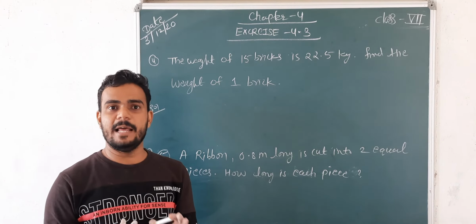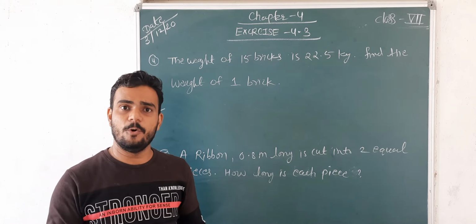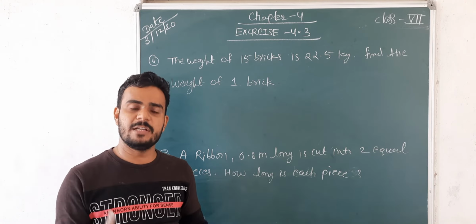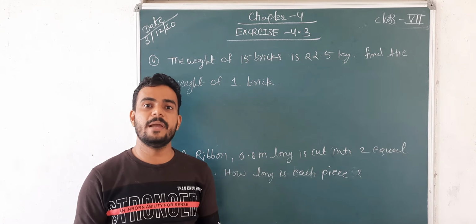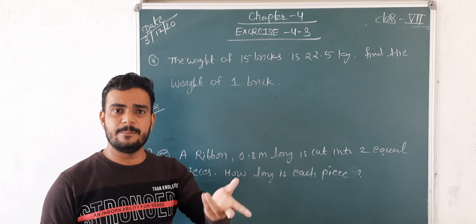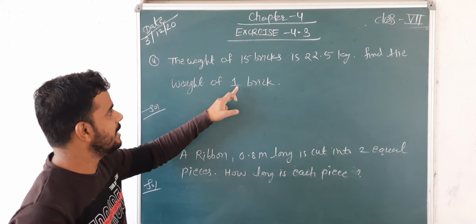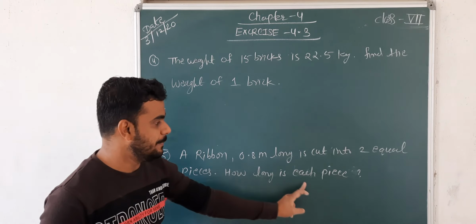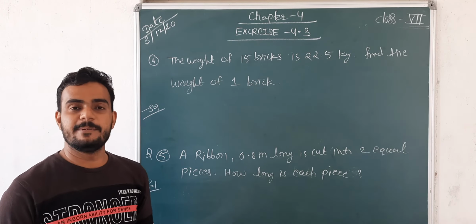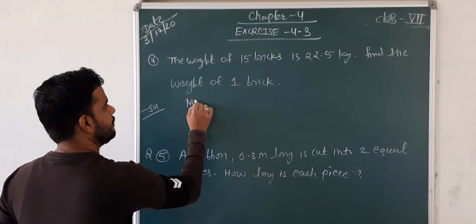If a question talks about one number, one brick, one thing, each or one, then you have to divide. And if they are telling about 10 numbers, 20 numbers, any number more than one, then you have to multiply. But here the question is asking about one brick, here also each piece, so both questions belong to division.